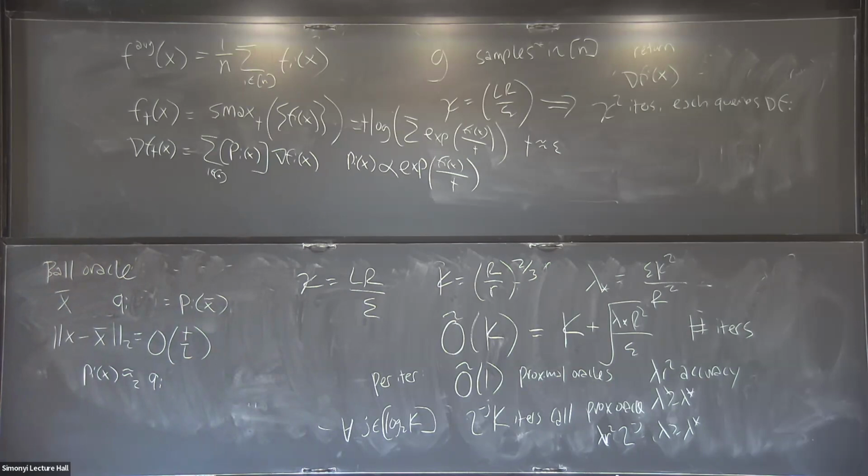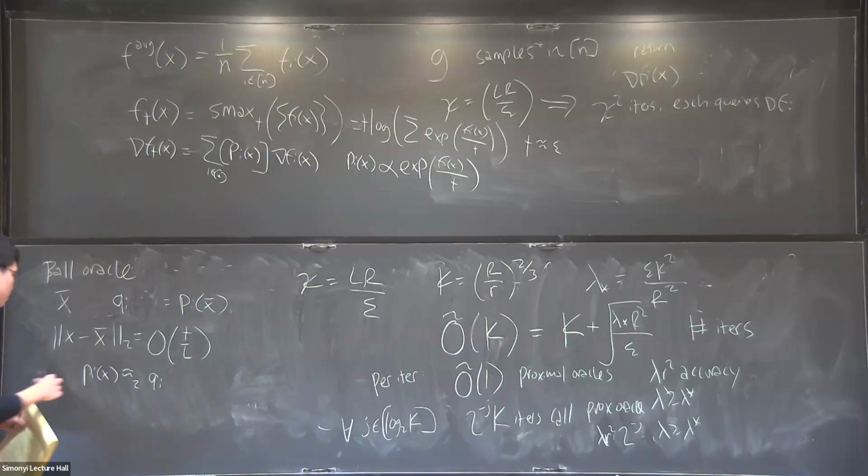So what I can do is simply implement a rejection sampling scheme, which tries to sample a random gradient. If I knew all the pi of x's up front, what would my gradient estimator be? I would sample according to pi of x and then return just that gradient. This is the same as the average case. Unfortunately, I don't know the pi of x's, but what I can do is sample according to qi and then reject.